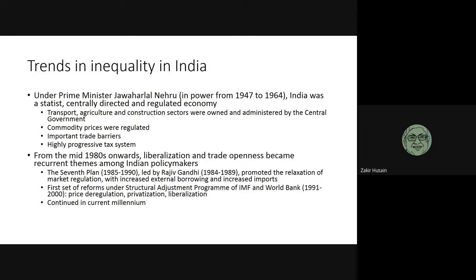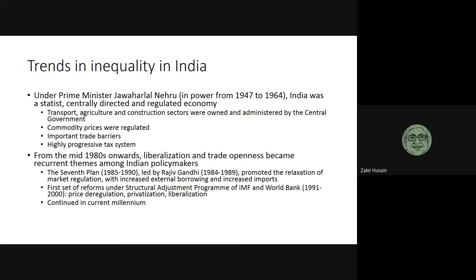In the 90s, it really took off. The government of India faced a lot of financial crisis, and as a result, they had to borrow from the IMF and World Bank. One of the conditions for borrowing from the IMF and World Bank is that they had to undertake a set of reforms, what is called the structural adjustment program. So they had to deregulate prices.